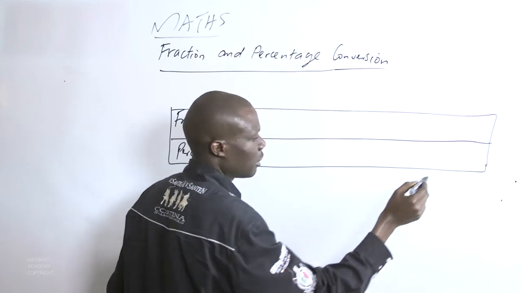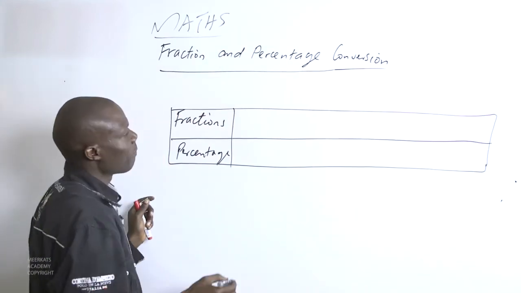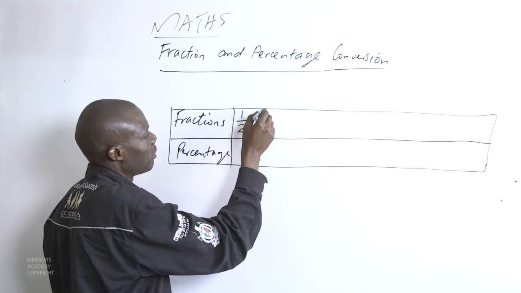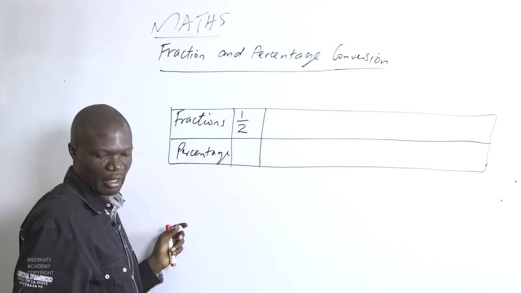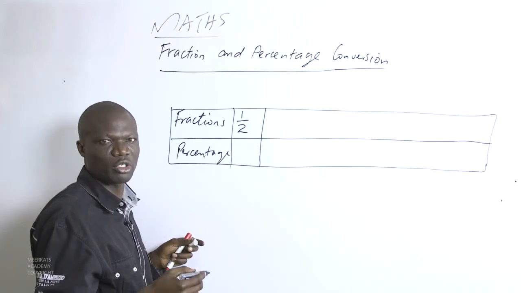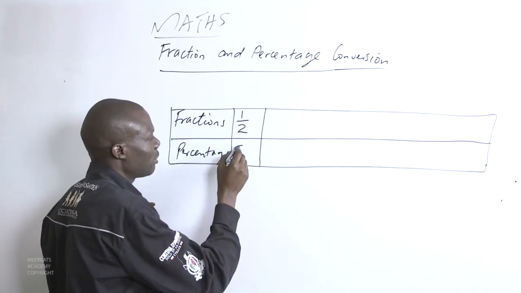So we're not looking at all, just a few. When you are given a half, definitely this is not something to think about. A half is equivalent to 0.5, which is equivalent to 50%.